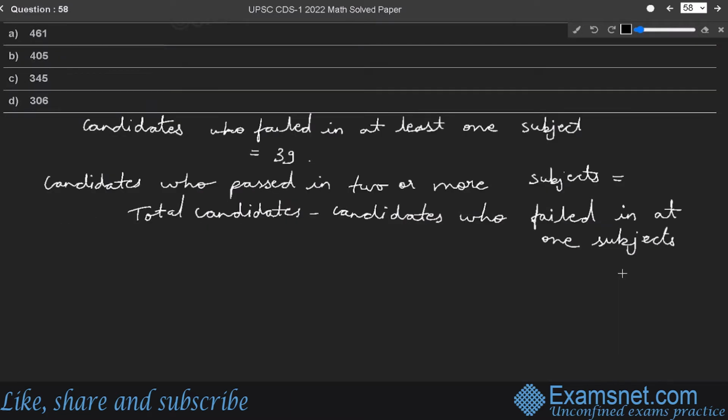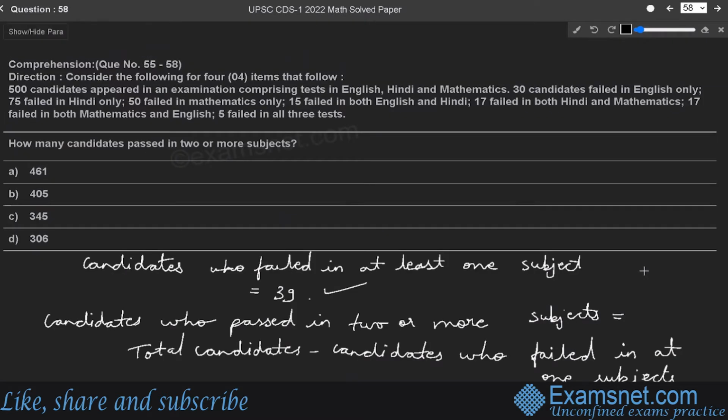Now we know that candidates who passed in 2 or more subjects will be: total number of candidates is 500 minus candidates who failed in at least one subject is 39. So it will be 461. So this is the number of candidates who passed in 2 or more subjects. It is very, very simple. So the correct option is option number A.